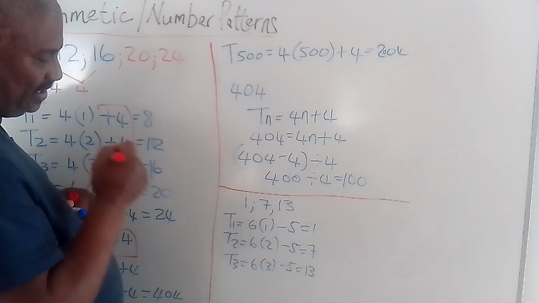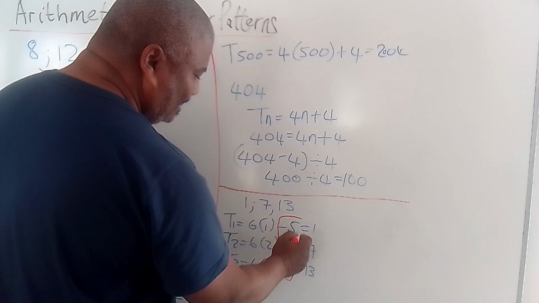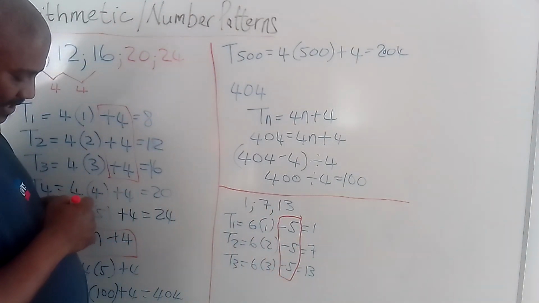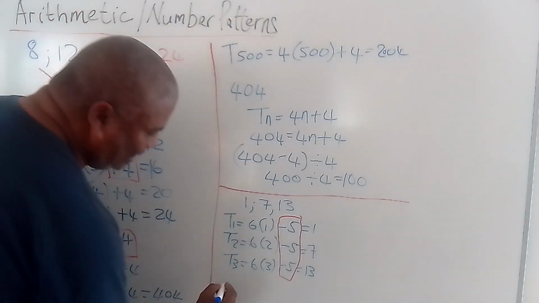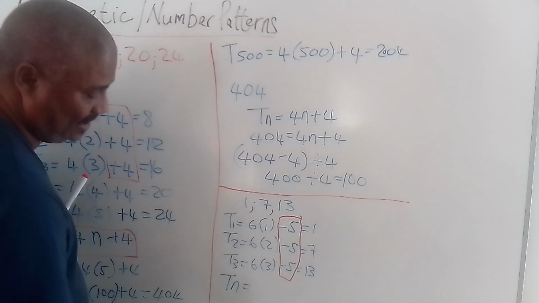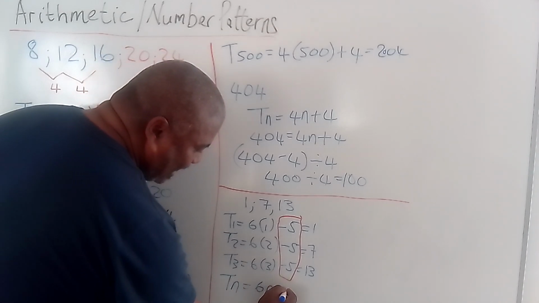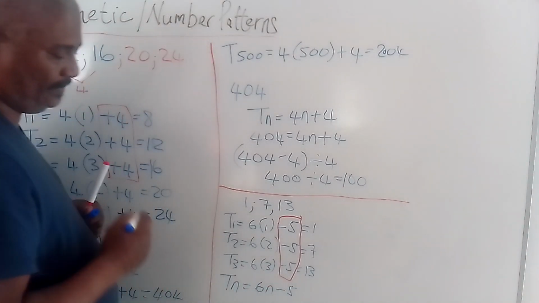So here you can see minus 5 every time. So our general term, our Tn, is now 6n minus 5.